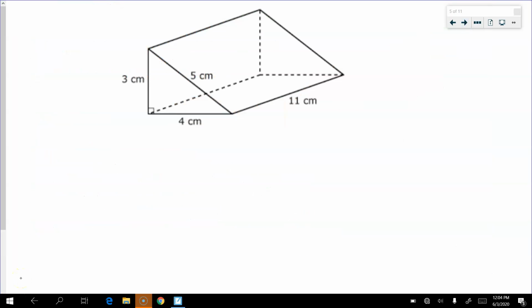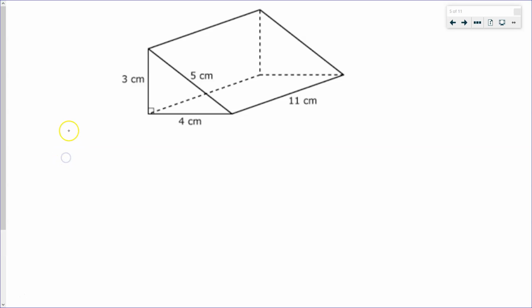Okay, so let's do one where we need to find the actual surface area of the entire shape. All right, so again, we've got 3 rectangles. We've got one here, we've got one here, and we've got one on the bottom. They've drawn the dotted lines, which helps you see it better, and the 2 congruent triangles. So let's start with the triangles. I'm just going to draw a little triangle. Area equals 1/2 base times height.